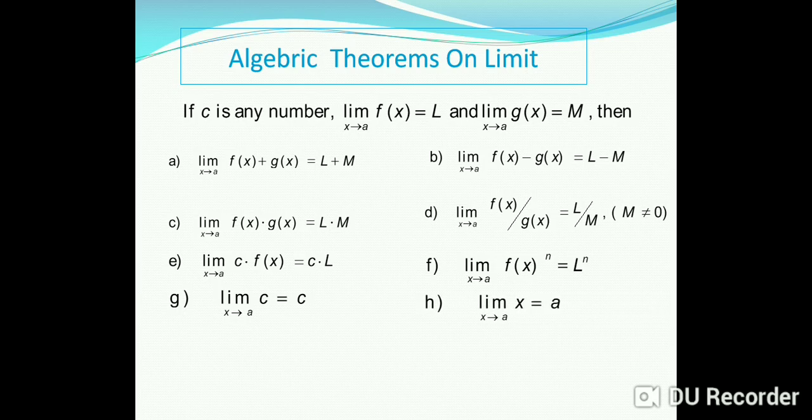Next, limit of x as x tends to a is equal to a. Next, limit of x raised to n as x tends to a is equal to a raised to n. Next, limit of square root of f of x as x tends to a is equal to square root of L. Here is also the condition L is greater than 0.